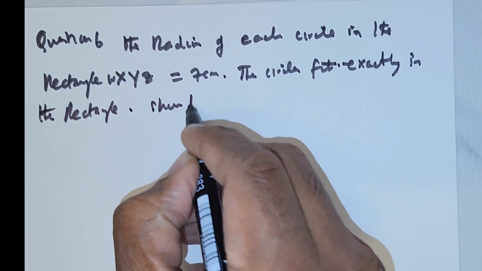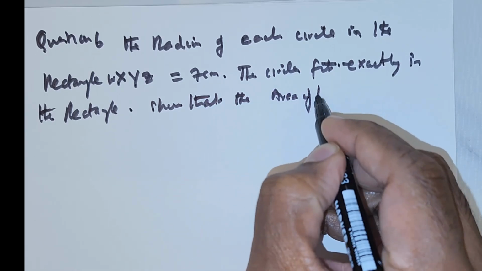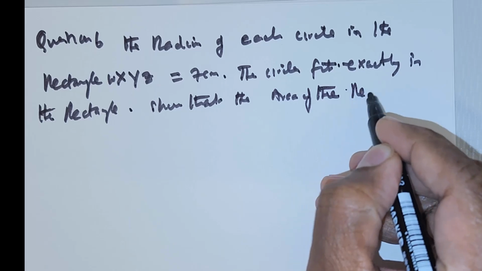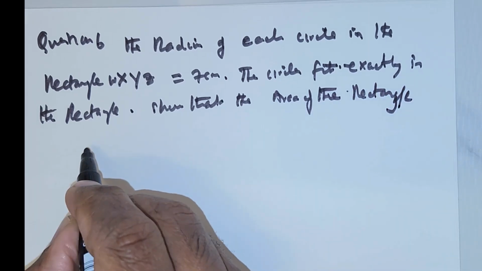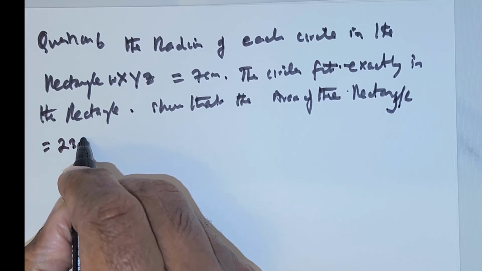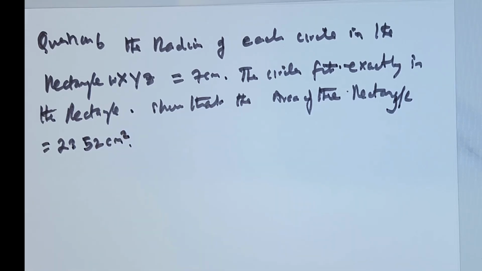Now we are asked to show that the area of the rectangle is 2352 cm squared.